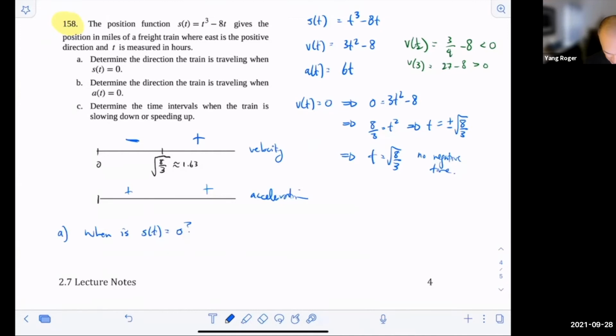So I'm going to take my position function, t cubed minus 8t, and set that equal to 0. I factor out a t and get t squared minus 8 equal to 0. This tells me that t is equal to 0 and t is equal to plus or minus rad 8.